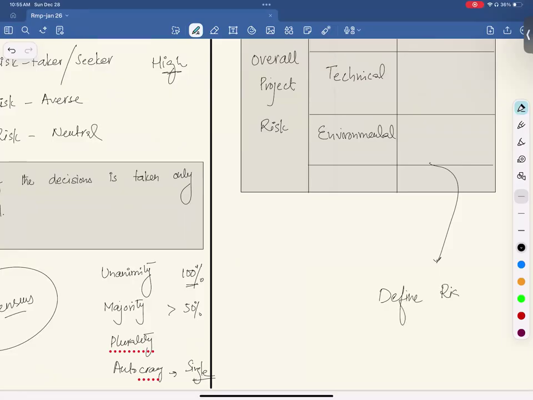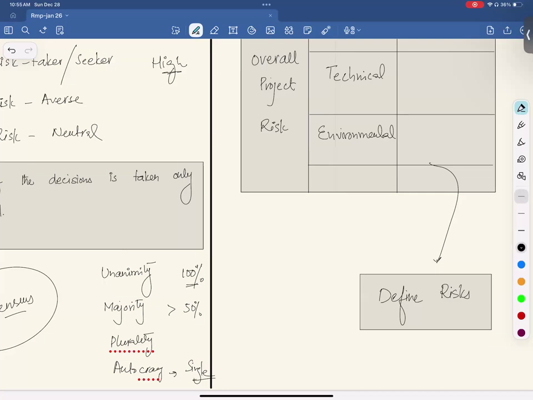So, Amir, I have a question here regarding categories and subcategories. Yeah, go ahead. Are these categories or subcategories standard in PMI, or do they depend on the type of project?